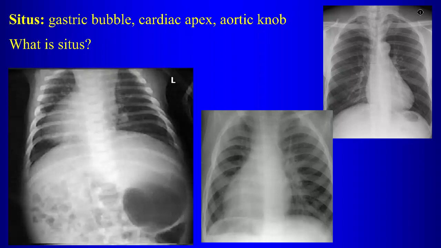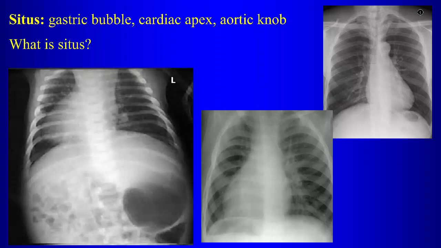Remember, if you have situs solitus, your liver's on the right side, and usually your trilobed lung is on the right side. But what part of the heart is on the right side in situs solitus? So situs, when you're talking about the heart, refers to what? Right ventricle? No. Left ventricle? No. The valves?